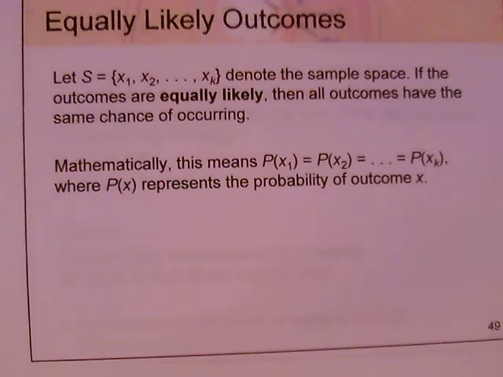That's the definition of equally likely outcomes. That means that all your outcomes will have the same chance of occurring. Mathematically, this means that the probability of x1 will be equal to the probability of x2, and so on, equal to the probability of x sub k. And this is where P of x represents the probability of outcome x.